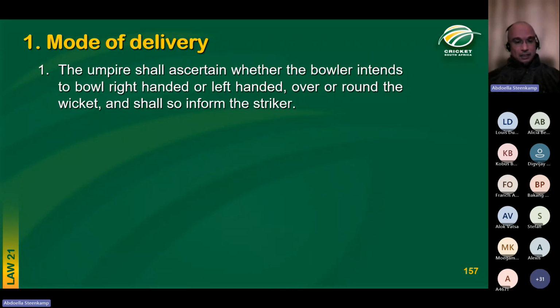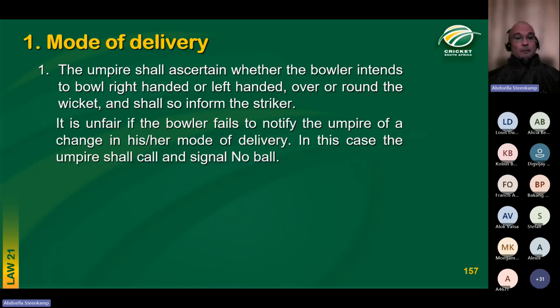After getting that information, and let's say the bowler says, I'm left-handed and I'm going to bowl over the wicket, you then need to relay that information to the striker. So you'll verbally tell the striker, batter or Johnny, bowler's left arm over the wicket. So that's the umpire needs to ask and needs to relay that message to the batter.